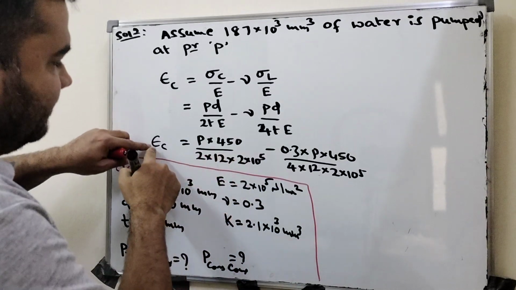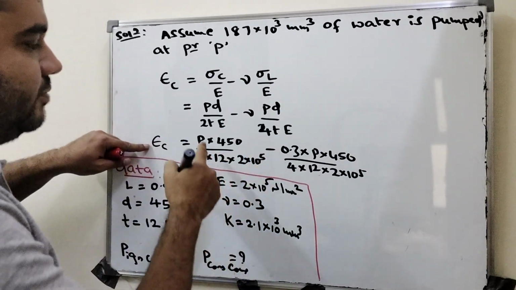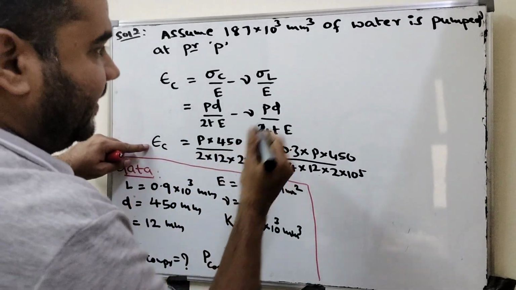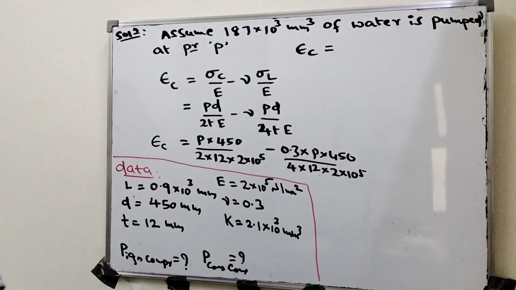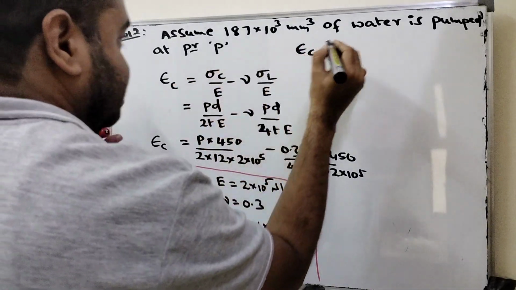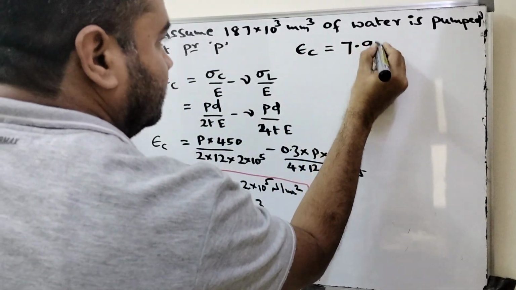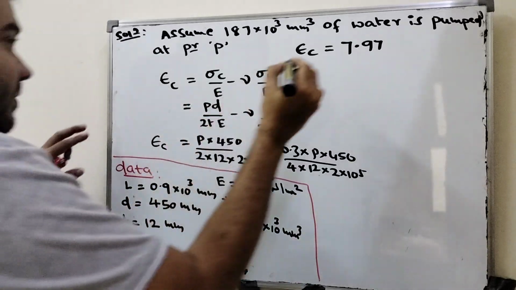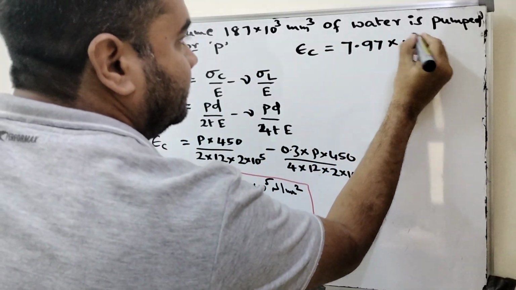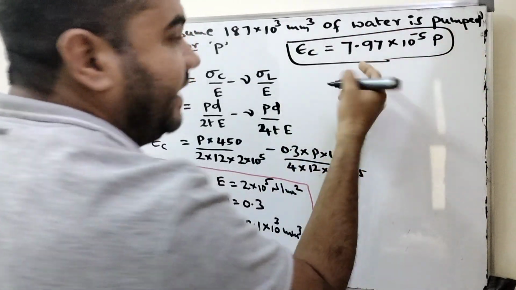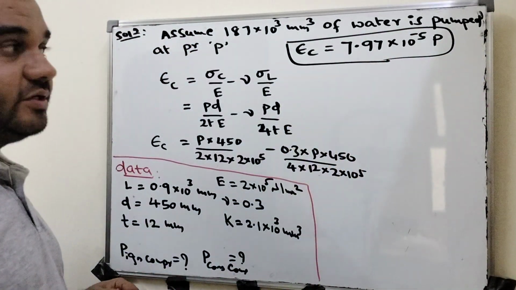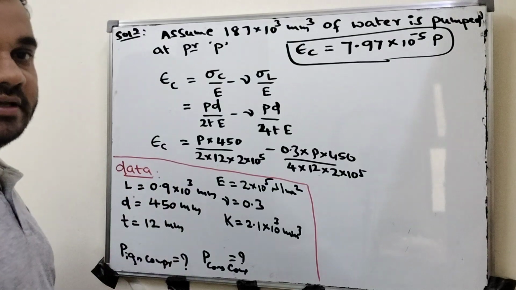Keep the circumferential strain in terms of P, because we don't know P. Simplifying, the circumferential strain equals 7.97 into 10 raised to minus 5 P. We need this for further calculation, which is why I calculated it here.